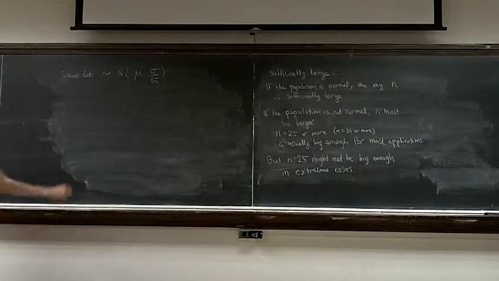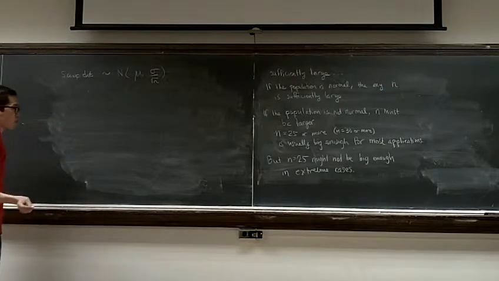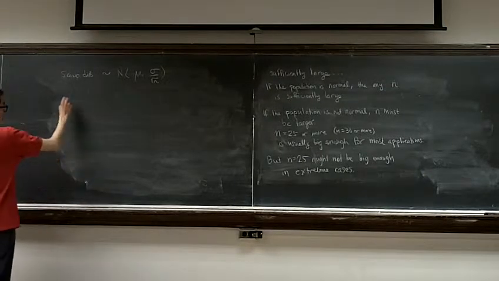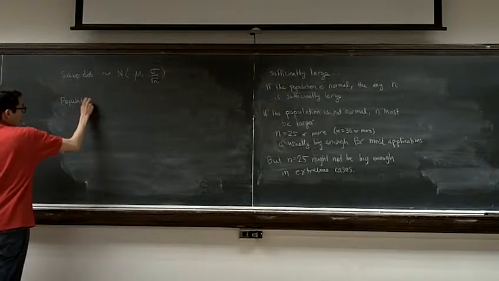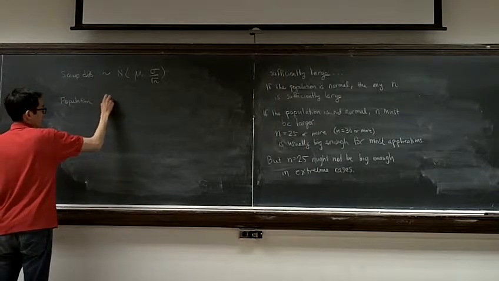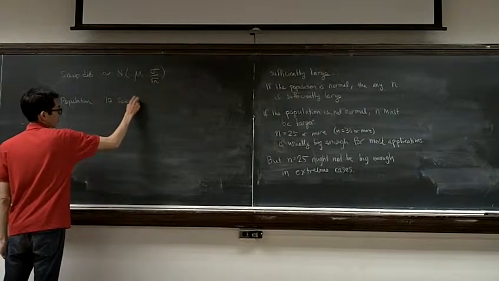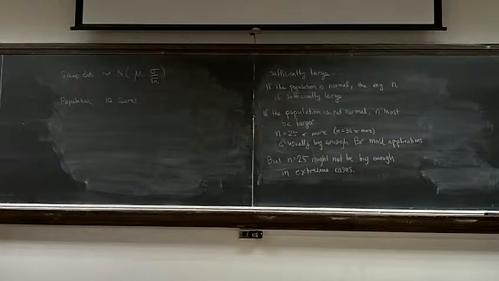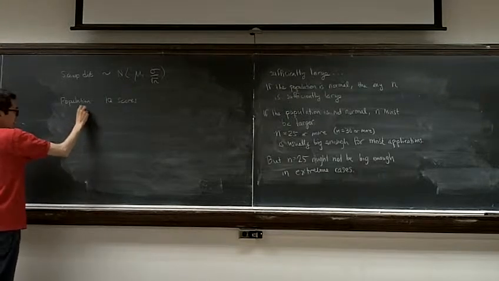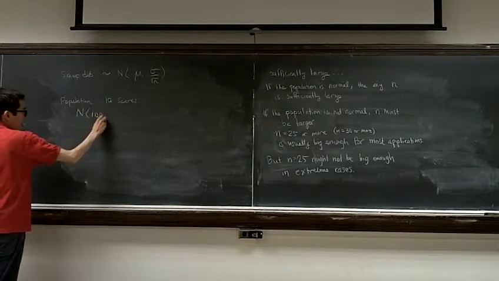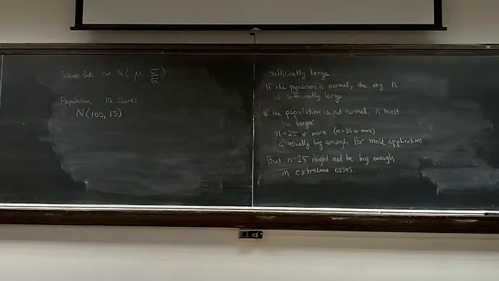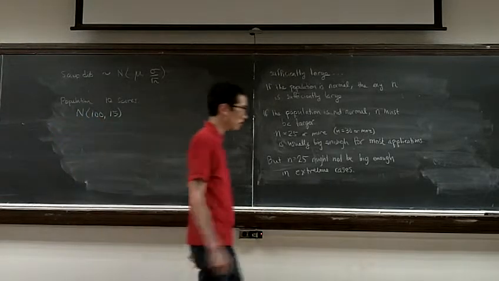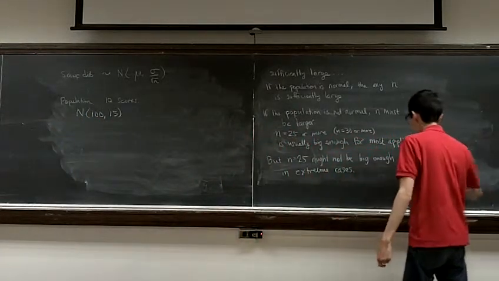Okay, so let's say our population will be IQ scores. There's a lot of debate as to the merit of IQ scores, but let's just say the population has mean 100 and standard deviation 15.